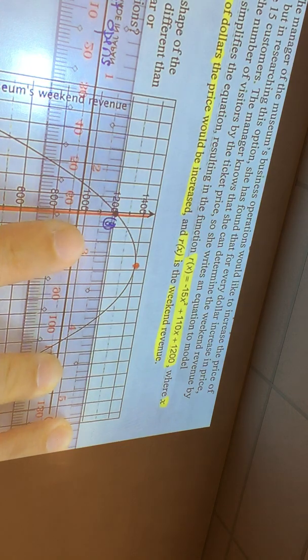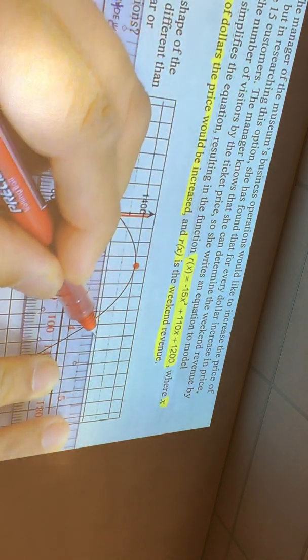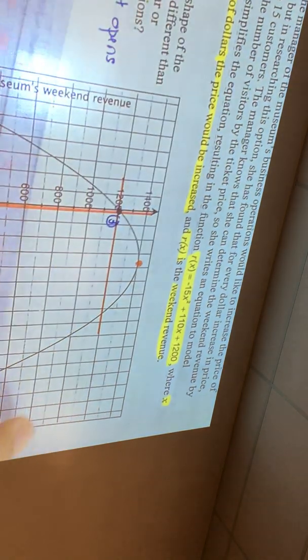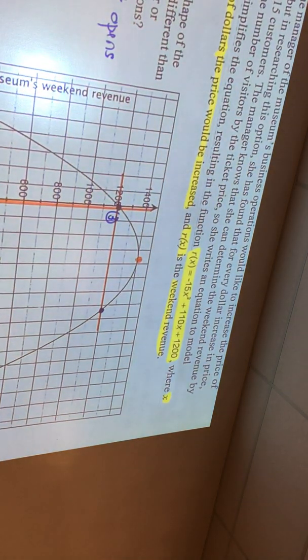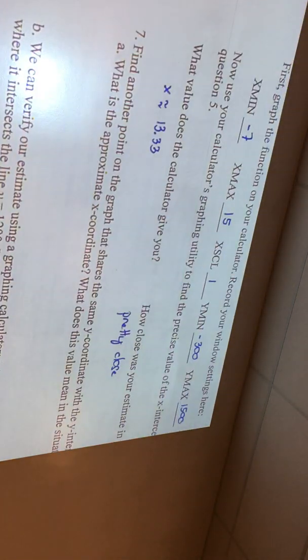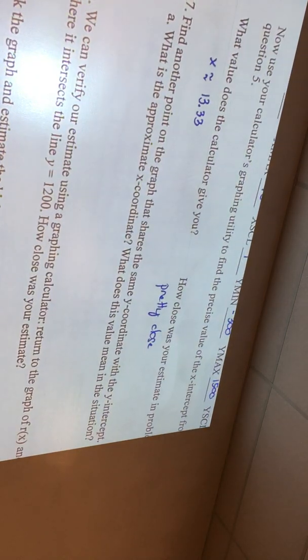All right, so we're going to go back here. What you're going to do is draw a horizontal line. All right, and then you're going to mark that point. All right.